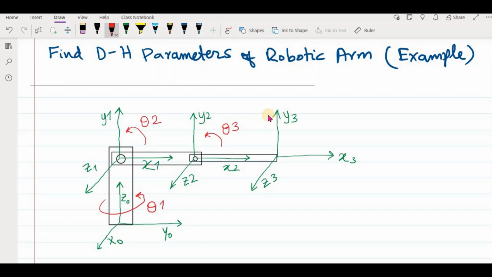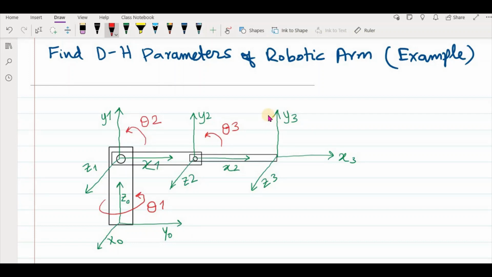And then you have here joint number 2, and again this link can move in this direction with theta 2. And similarly you have one more link, it's also a revolute joint. So this revolute joint can also rotate with theta 3 angle. So now you have 3 joints. All 3 joints are revolute joints.